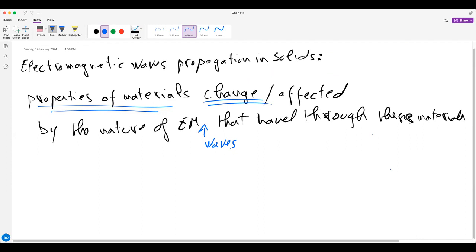Let's summarize or remind you about some equations. We have already seen that the current density in a material is equal to the conductivity times the electric field. The magnetic flux density is equal to the permeability times the magnetic field.